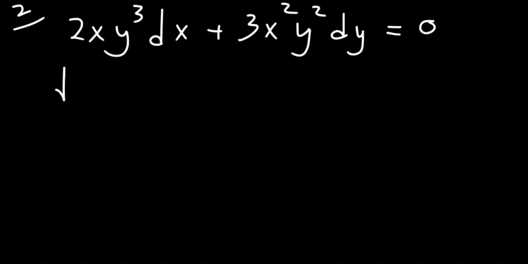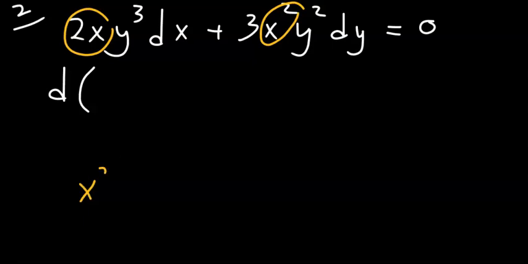Example 2. How do we write this entire line as a single differential? One would try, by inspection, the following term. Because in the first term you have 2x, and in the second term you have x squared. And since we know that if you take the derivative of x squared with respect to x, you have 2x, our guess for the first piece of the differential would be x squared.